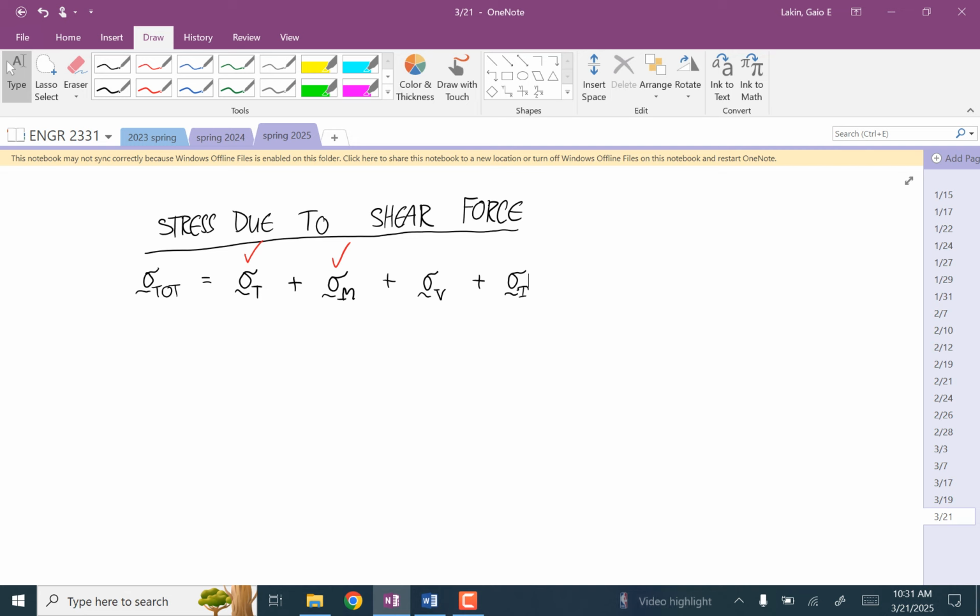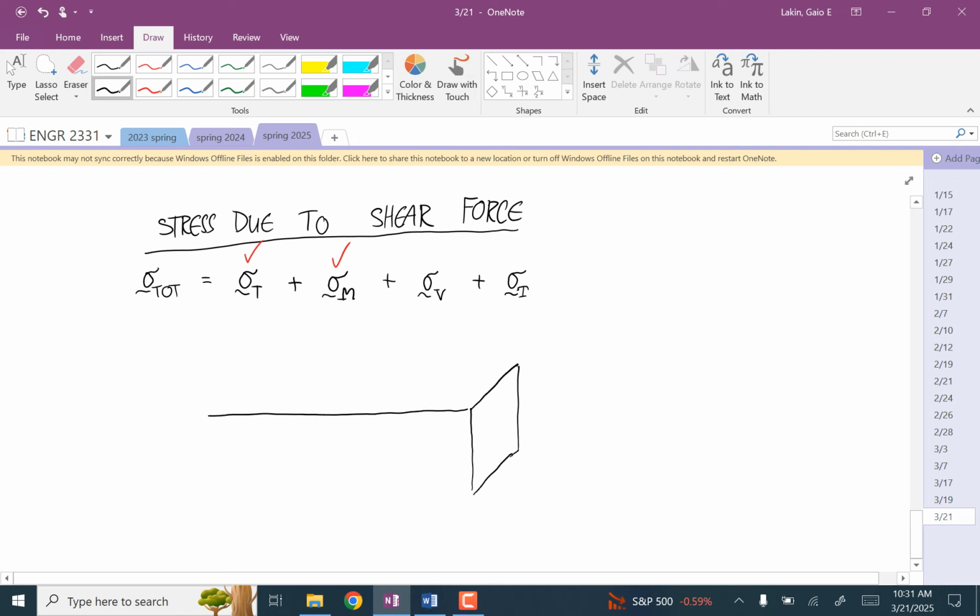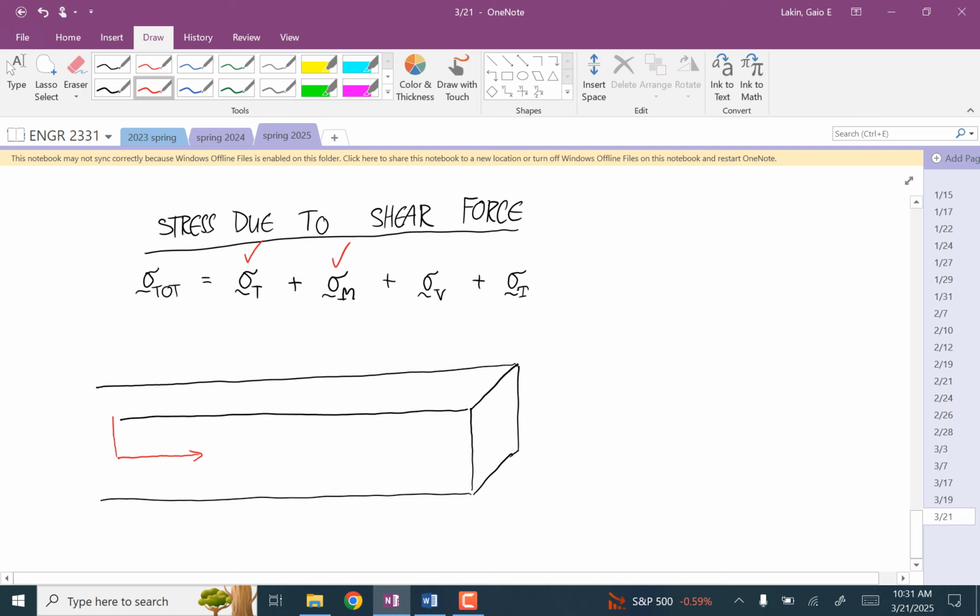So first, let me illustrate what the stress due to shear force looks like. So here is a beam. The coordinate system that we always use has the x-axis this way, the y-axis this way, and the z-axis this way.